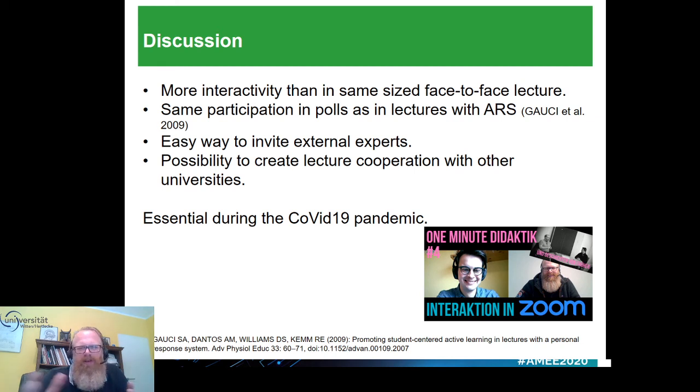So that was very great to get a lot of people, and a big variety of experts in this course. And that would make it also possible to create a lecture as a cooperation between universities. Normally we do research as cooperations, but we could also do this with education and with lectures.